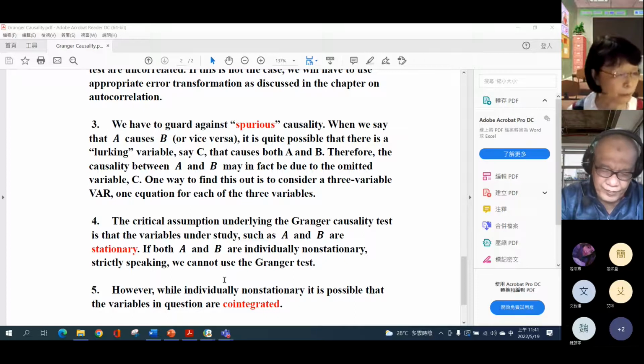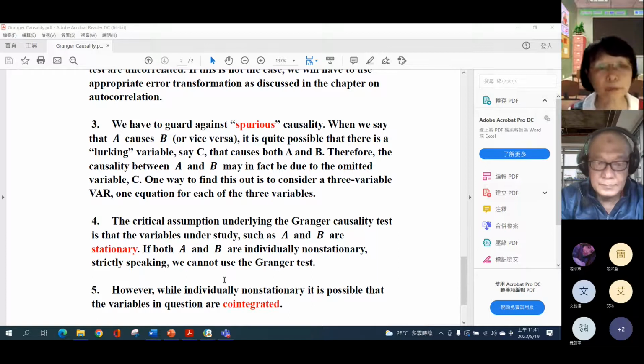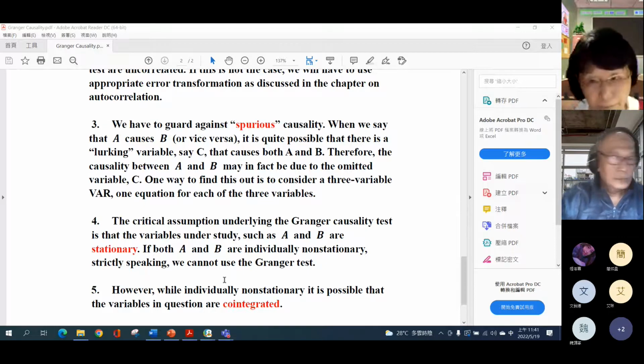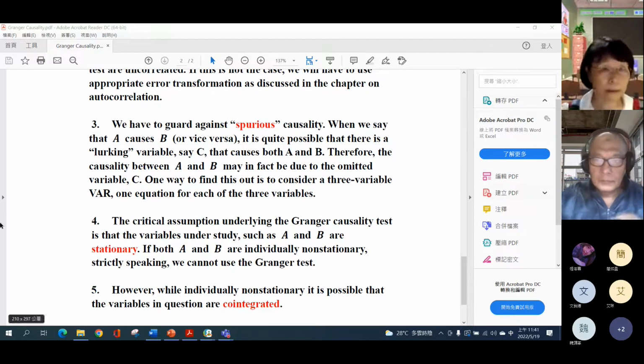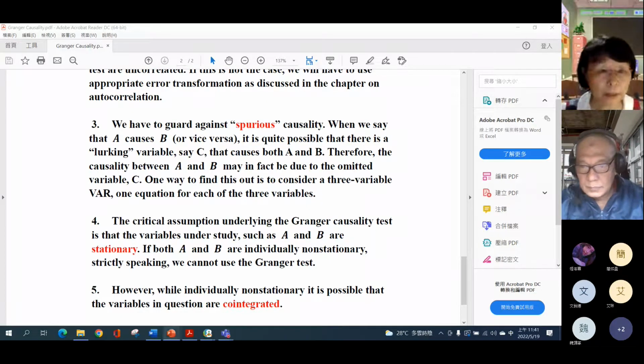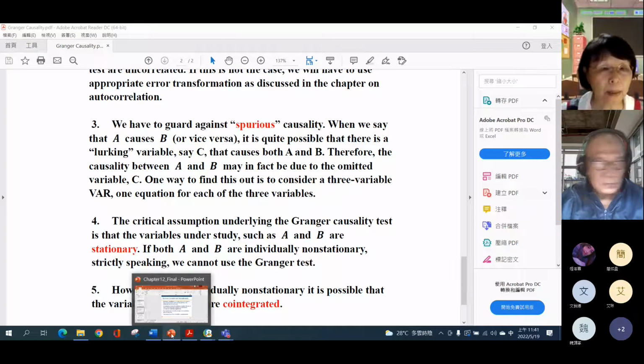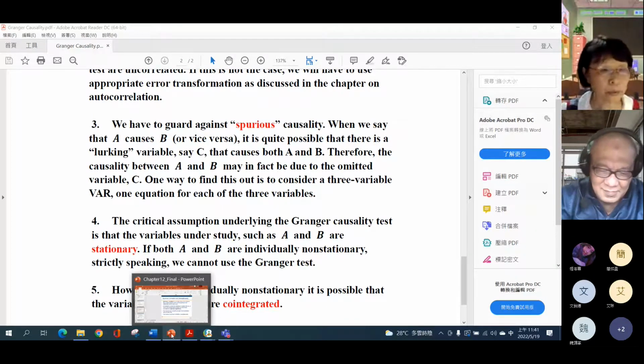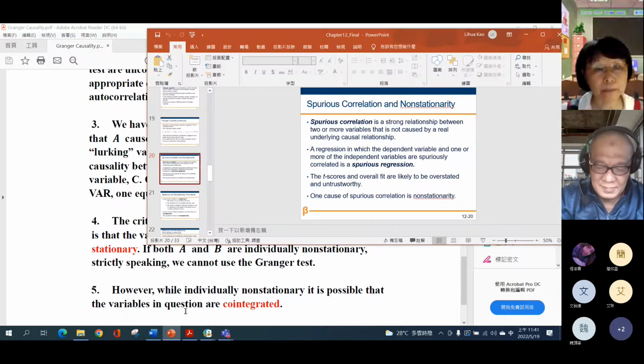Then after we finish 12.5, I do the examples. Then I will give you another assignment to work on, especially for all these tests. Okay? All right. Then if you don't have any questions, let me come back to our section 12.5, starting with the spurious correlation and stationarity problems.